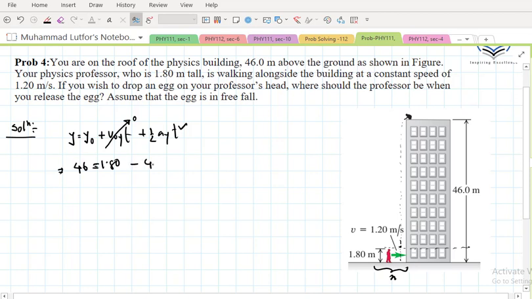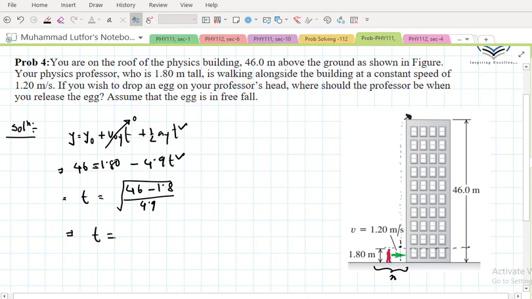Minus 4.9 t squared, because g is minus 9.8, divided by 2, that's going to be 4.9. Then I can find that t would be the square root of (46 minus 1.8) divided by 4.9. Then I can find the time.